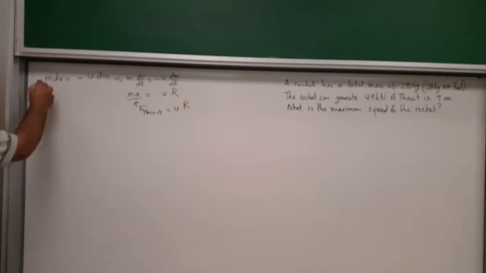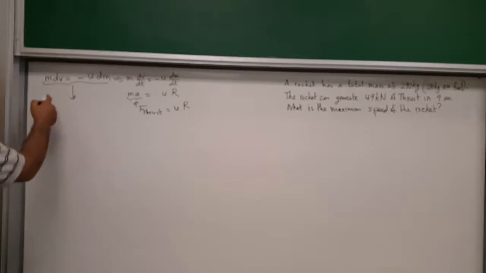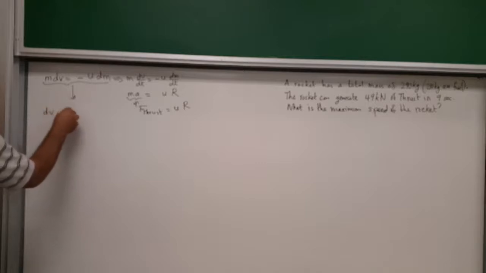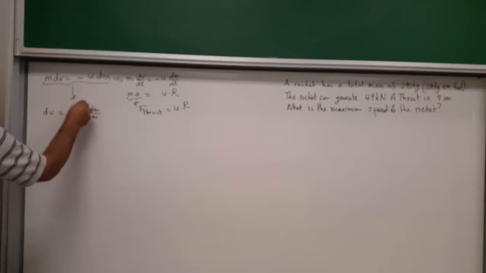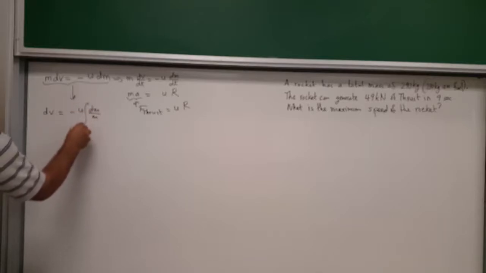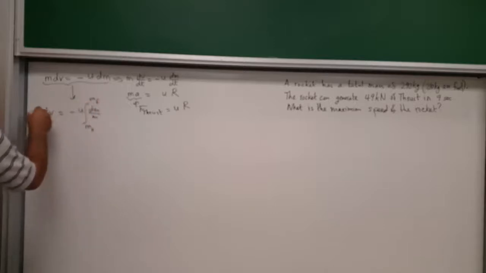We can also take this and divide it by m and then integrate it. So if you divide by m, you get dv equals negative u dm over m, and we integrate from the initial mass of the rocket to the final mass of the rocket. If we start, the speed is 0 to some v final.